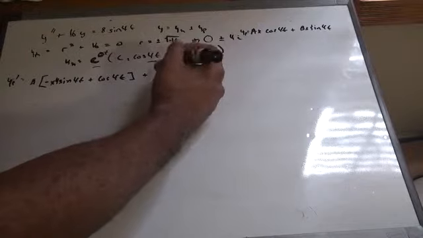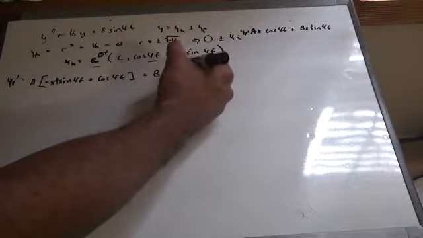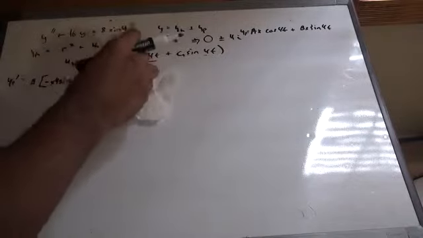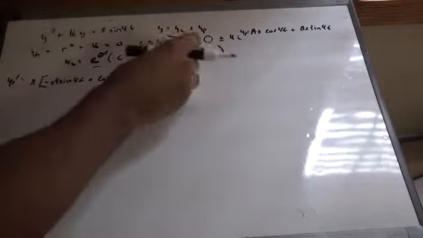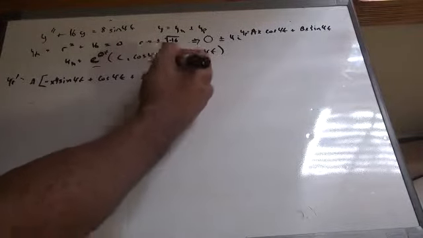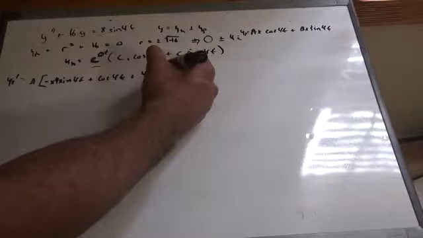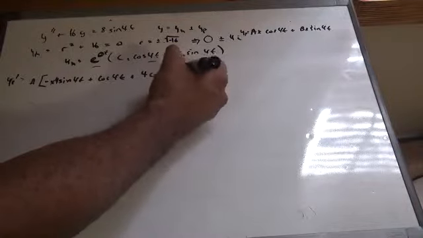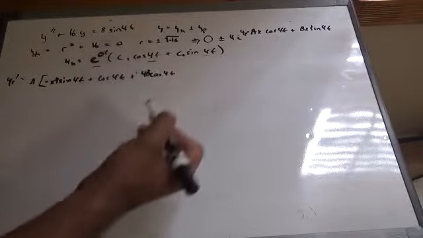Plus the derivative of sine. The derivative of sine 4t is going to be 4 cosine 4t. Get this constant back in there.